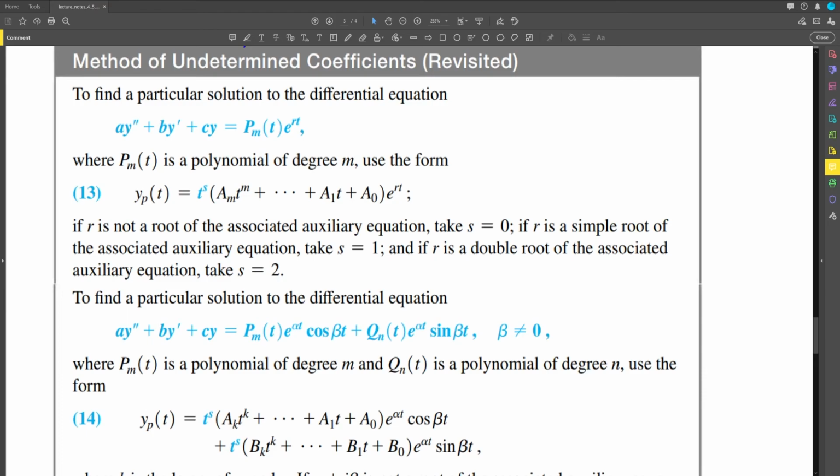If r is not a root of the associated auxiliary equation, we take s to be equal to 0. And if r is a simple root of the associated auxiliary equation, we take s to be equal to 1. If r is a double root of the associated auxiliary equation, we take s to be equal to 2.